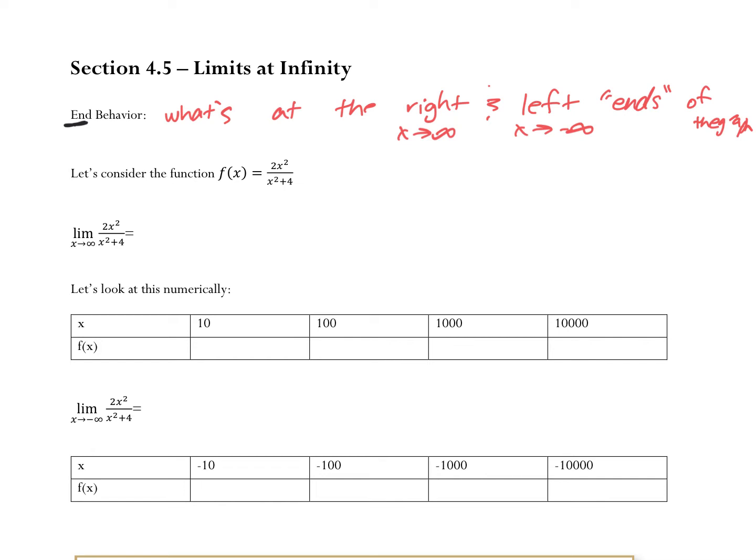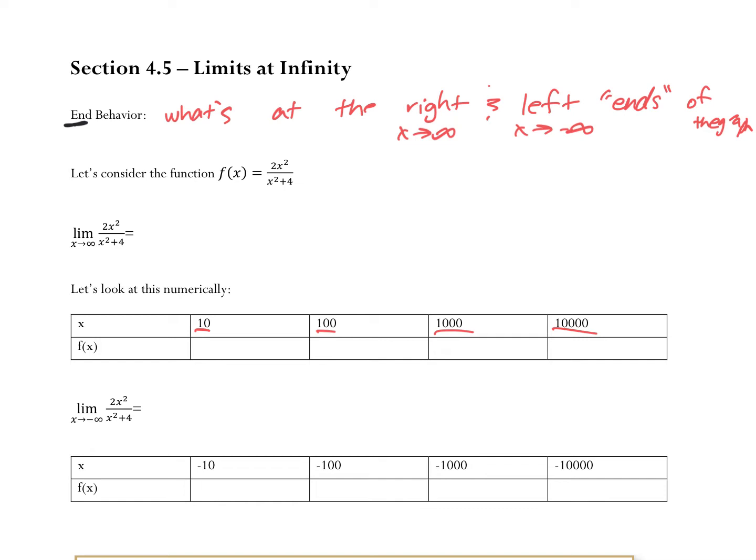The graph. I didn't space it very well. All right, so if I want to know what's happening on a graph as x approaches infinity, what I really want to do is plug in larger and larger values for x.